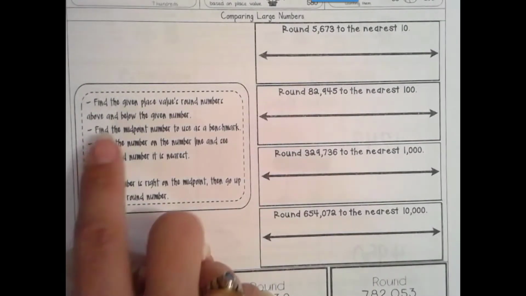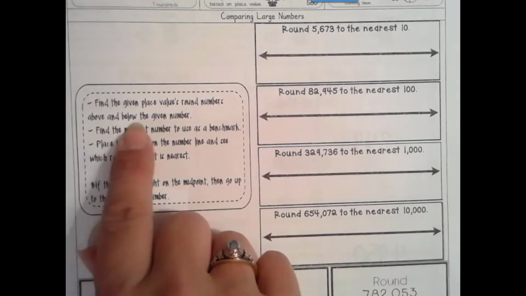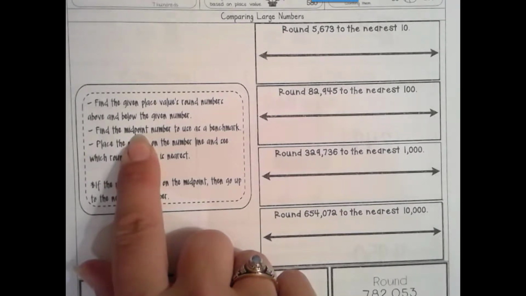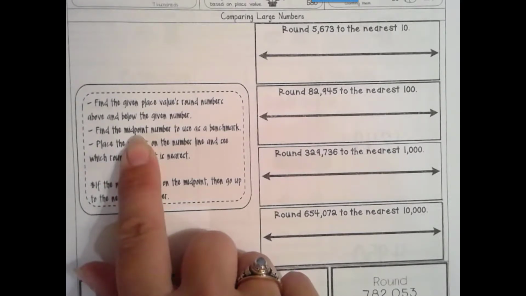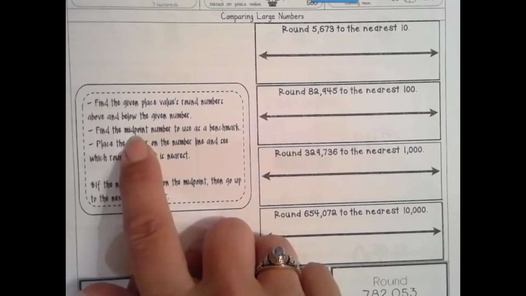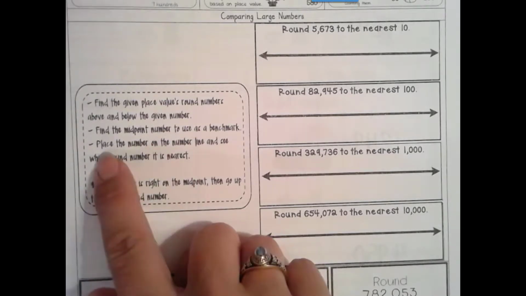These are our steps. Find the given place values, round numbers above and below the given number. Find the midpoint. This is going to be our benchmark number. So mid is exactly half. Mid means half. So our halfway mark or our midpoint.